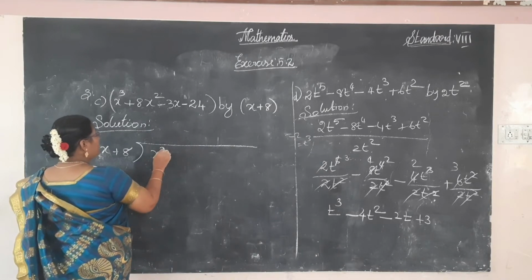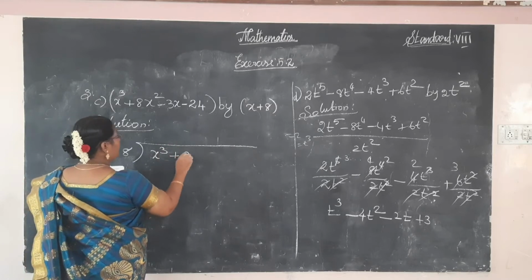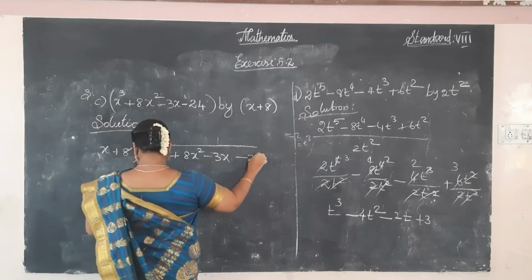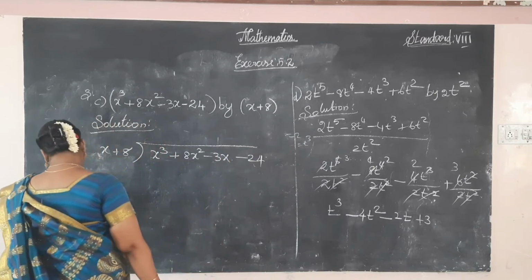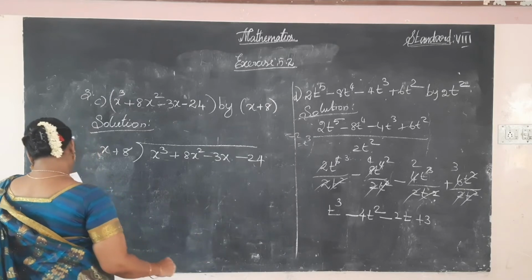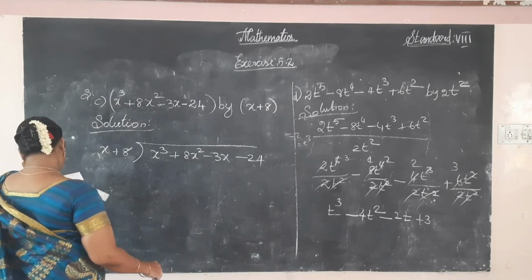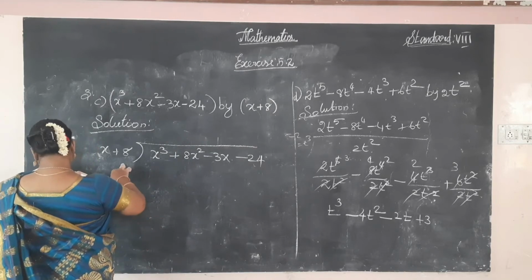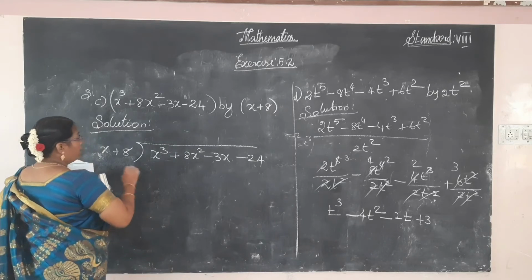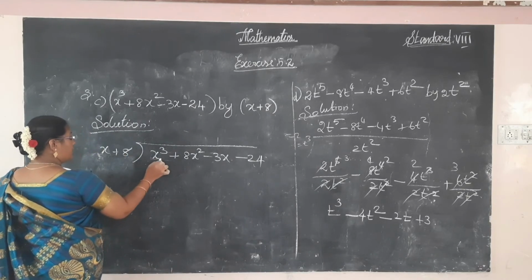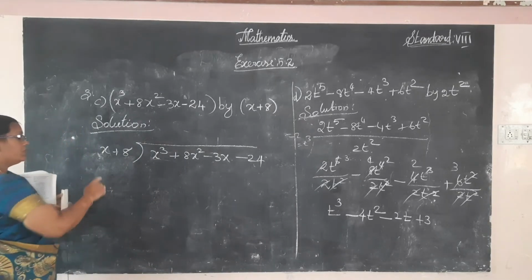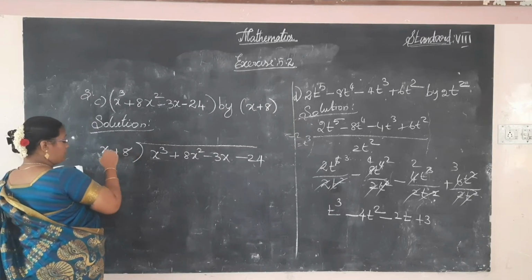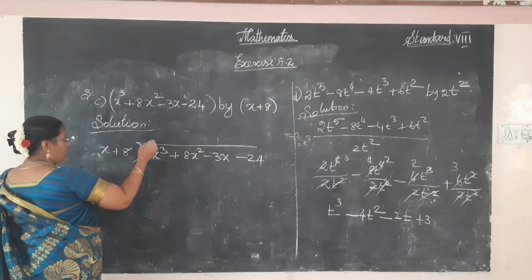So we write x power 3 plus 8x power 2 minus 3x minus 24, divided by x plus 8. The question is correct. Now the first term of the dividend divided by the first term of the divisor, we get the quotient.